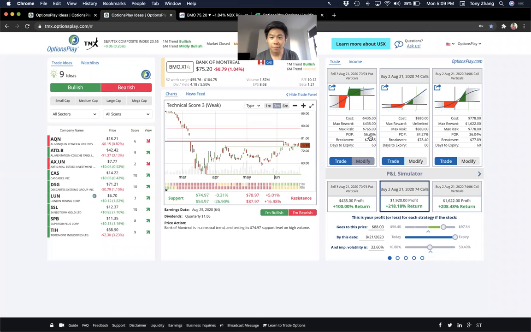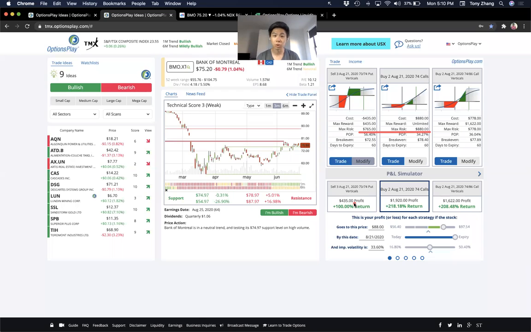Because for the same amount of risk, if the stock rallied up to 88, instead of just making $435, which would have still been a nice profit, you could have been making $1,900 if you bought that call option. Many times I see credit spread sellers not realize how much potential they're really giving up. Because you're taking the same amount of risk, why would you not want to shoot for the higher potential trade?